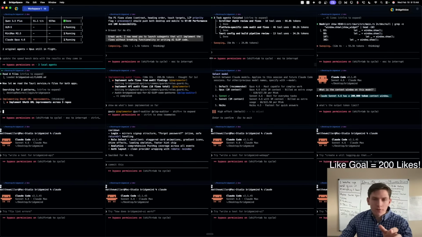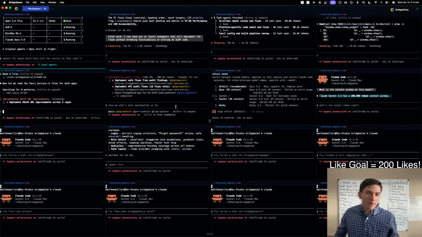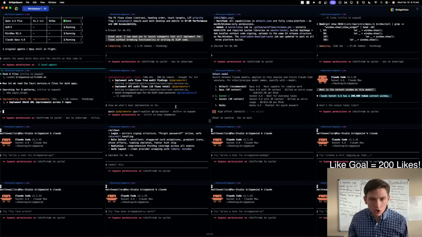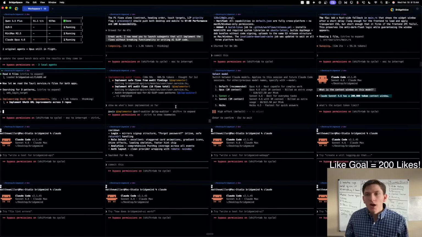Everybody forgot about Sonnet 4.5, but Sonnet 4.6 is a significant improvement for the Sonnet suite, and it comes at a 40% cost reduction with about a 25% speed increase. So definitely something that you guys are going to be seeing me working with in my vibe coding workflows. And with that being said, guys, I'm going to give it the BridgeMind stamp of approval.